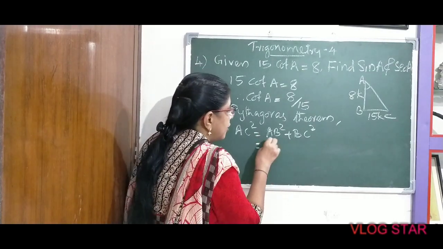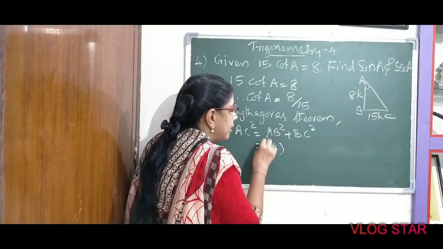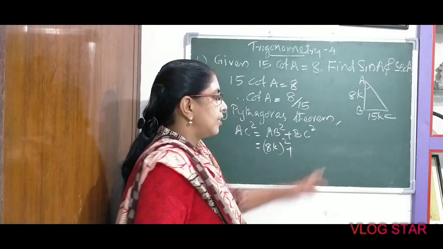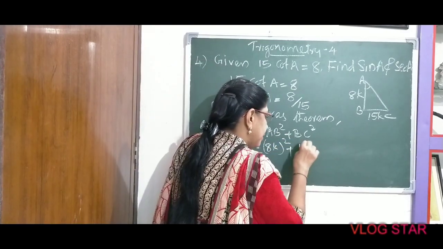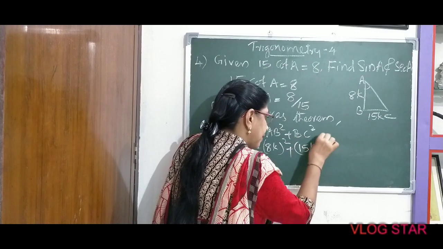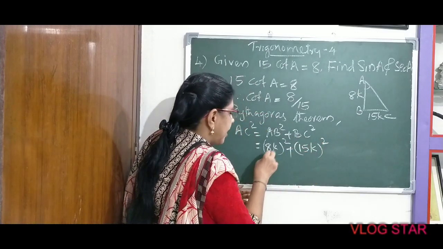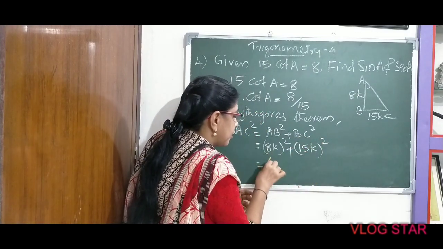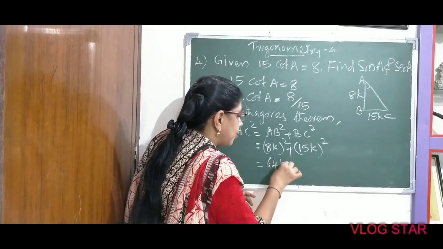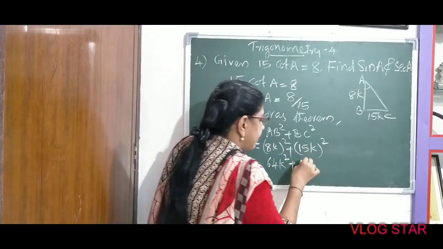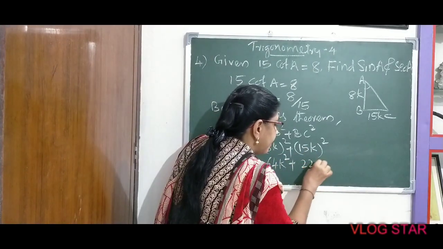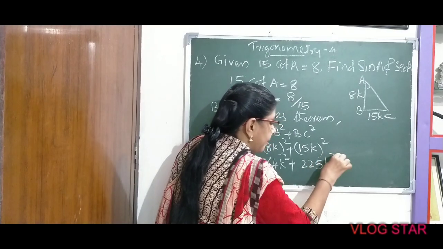AB is 8K, the whole square, plus BC is 15K, the whole square. 8K square is 64K square, plus 15 square is 225K square.